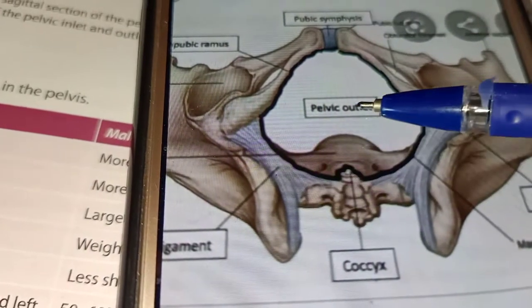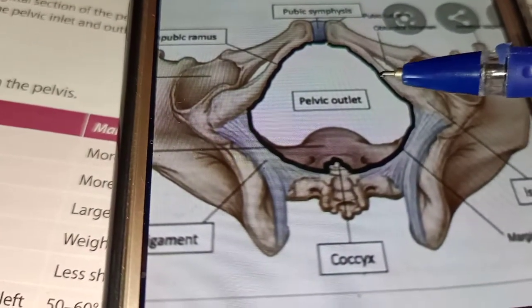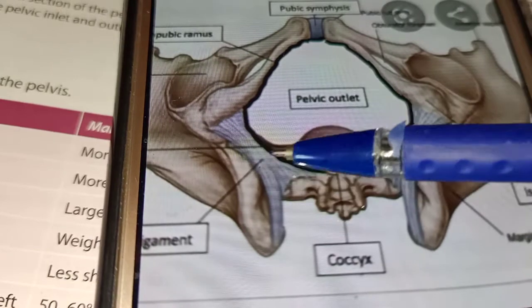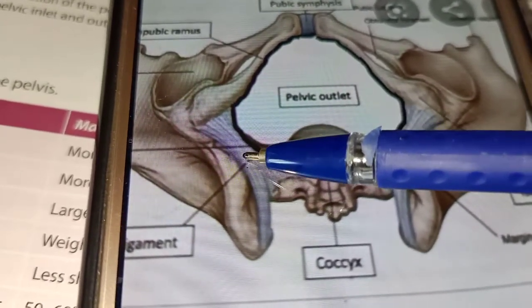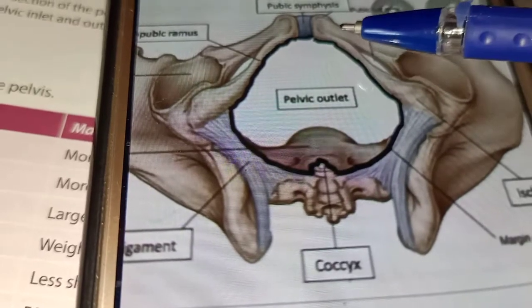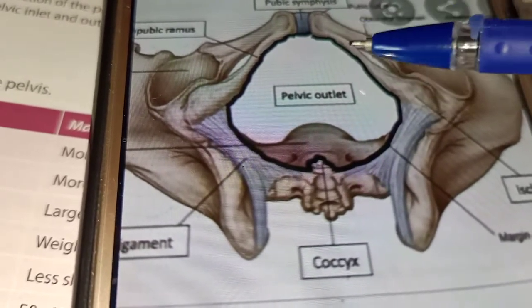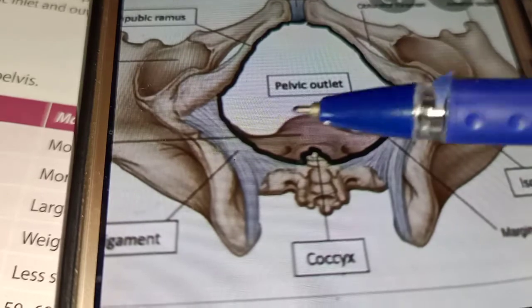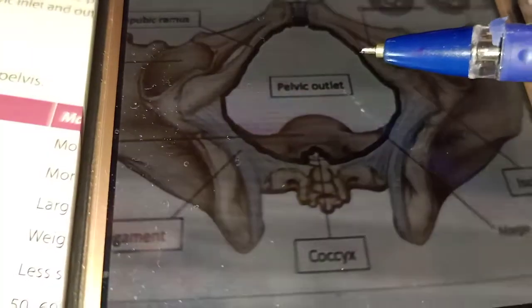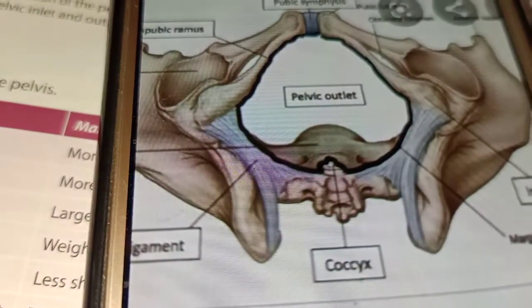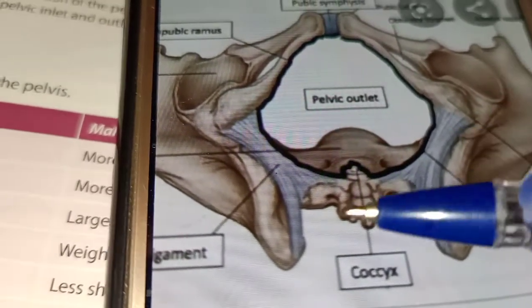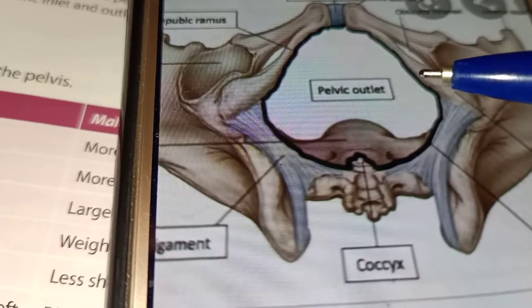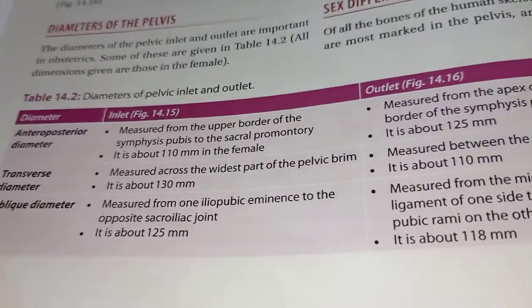So this diameter, from the midpoint of the sacrotuberous ligament to the junction of the ischiopubic rami, this oblique diameter is around 118 mm. So these were the diameters which were present.